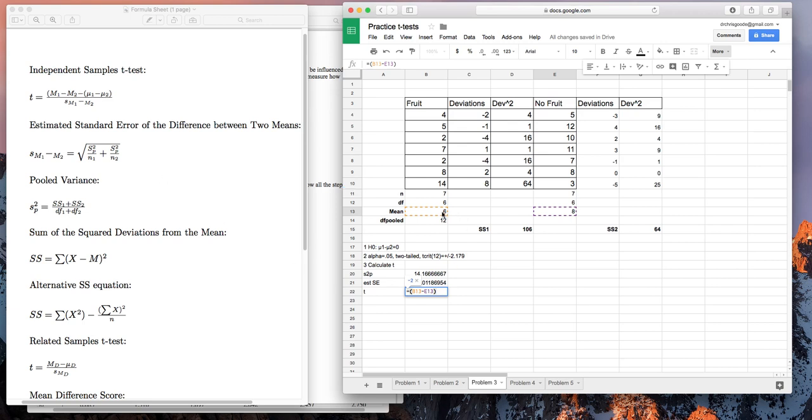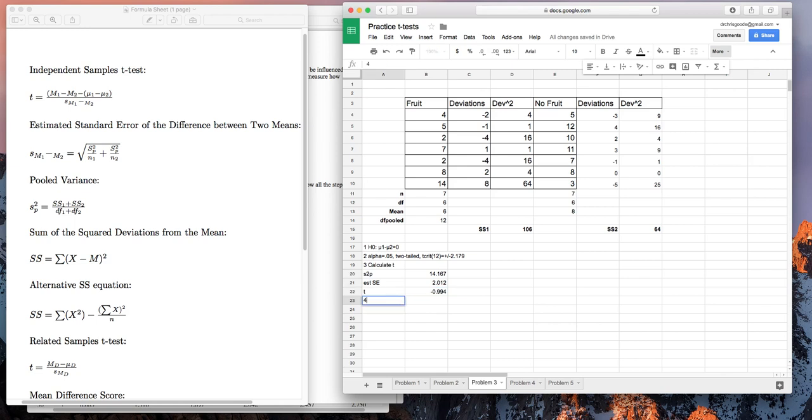We're going to divide that mean difference by the estimated standard error of the difference between those two means. So t is negative 0. You know what? That's a lot of decimals, and I'm going to let Google Docs round them properly. Okay. There we go. There's our t value.